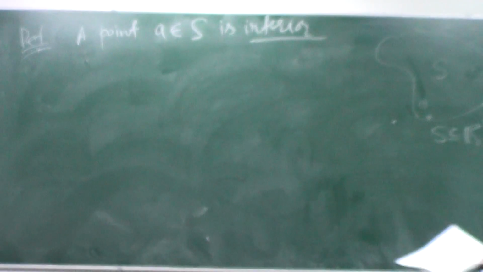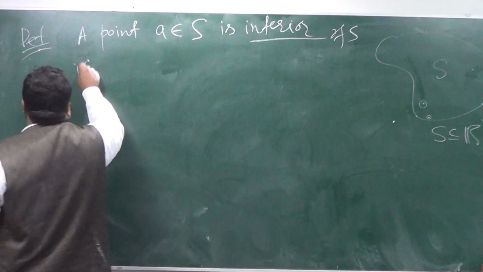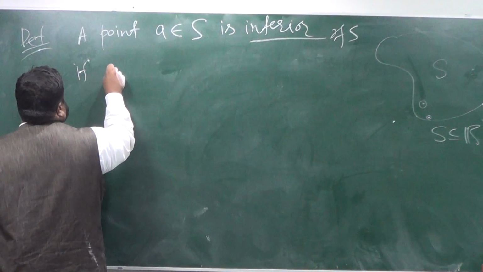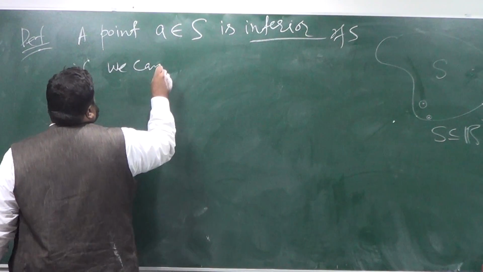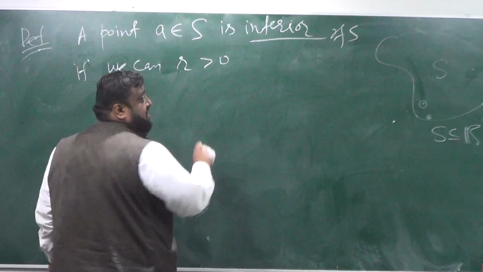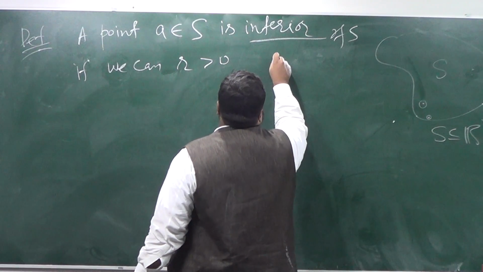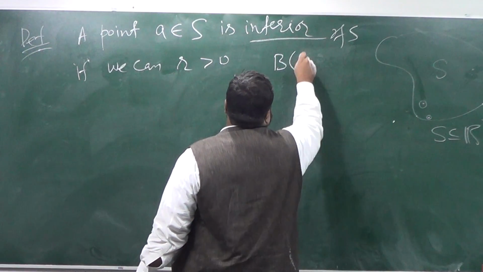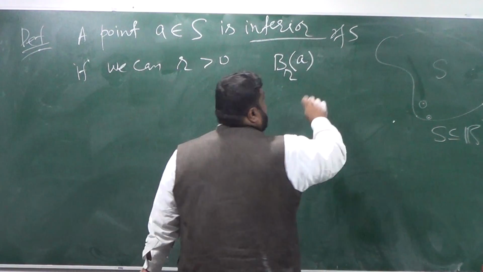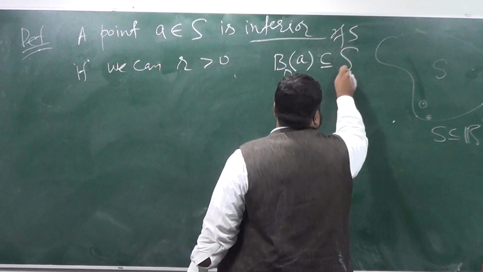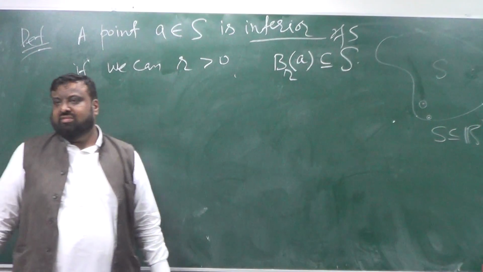A point A is an interior point of S if we can find a radius R such that you draw a ball centered at your given point of radius R, and that ball is entirely sitting in S actually. Very simple definition.